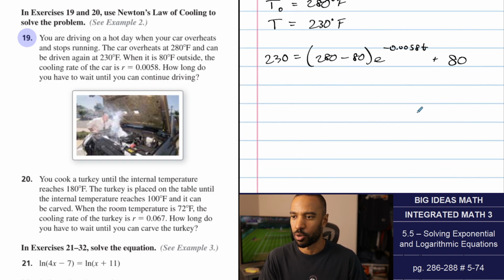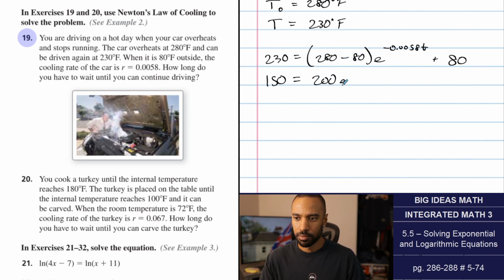Let's hope that I set that up correctly. So subtract 80 from both sides here, we get 150. Take the difference of these ones, we get 200. It looks like good numbers because when I do division here, 150 over 200 reduces to 3/4, also 0.75.